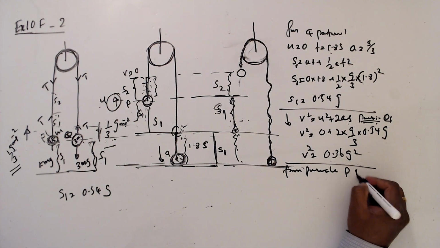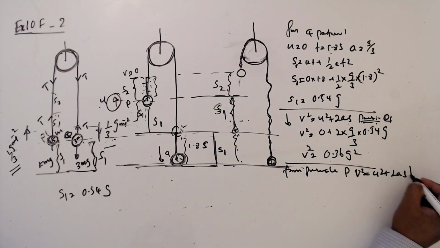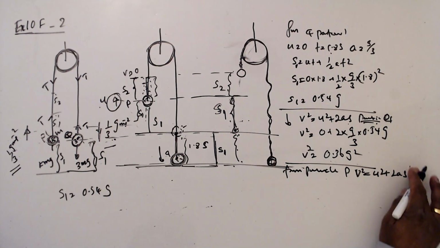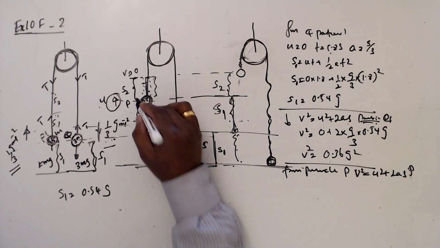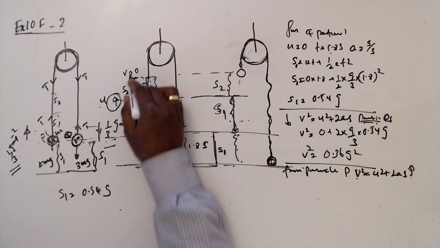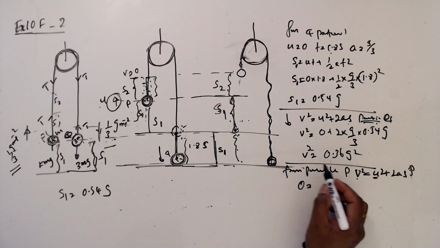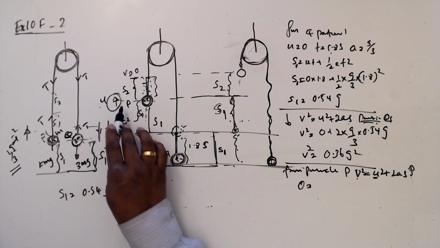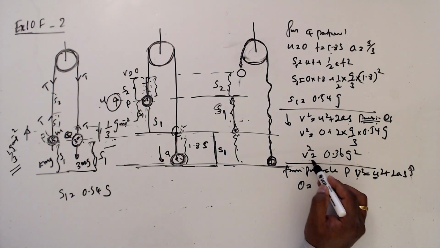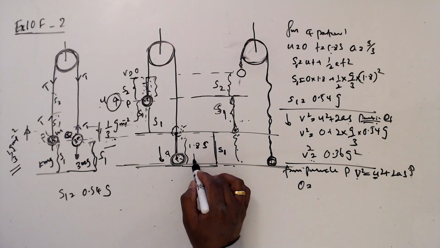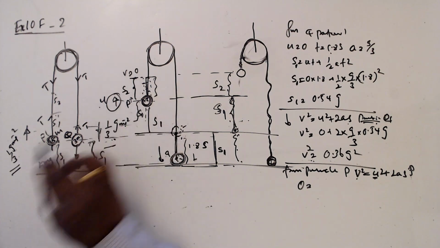For particle P, v square equal u square plus 2as to upward. So now we know that final velocity v square equals 0 and starting velocity is u square, equal to this one. So this hitting velocity is moving P in this direction.